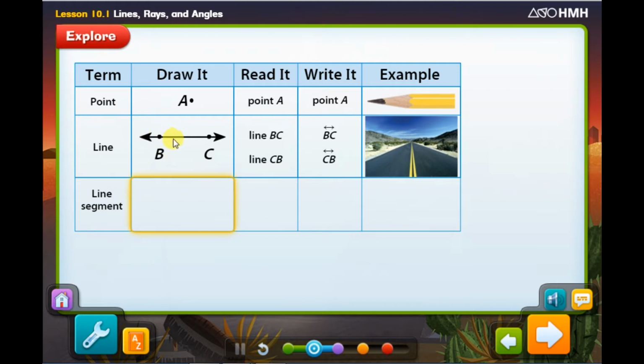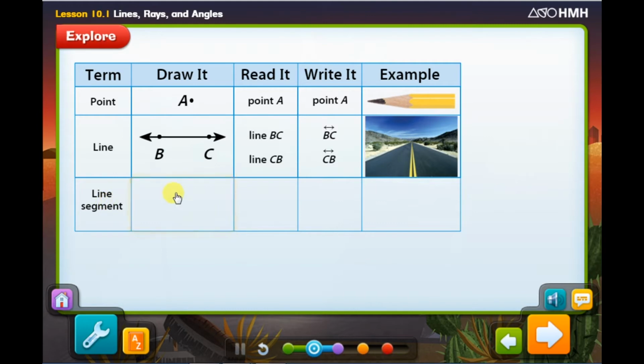The line is a continuous path of points with no end in both directions, so you put arrows in both directions, and you can read it as line BC or line CB, so both are right. It's like the stripes in the middle of the road. Like the highway, it has no end.